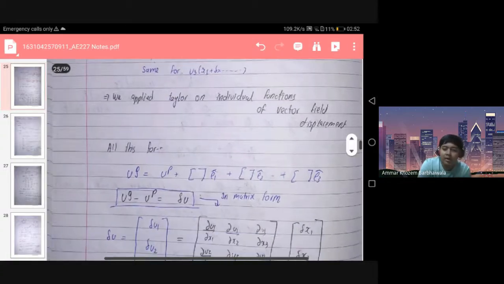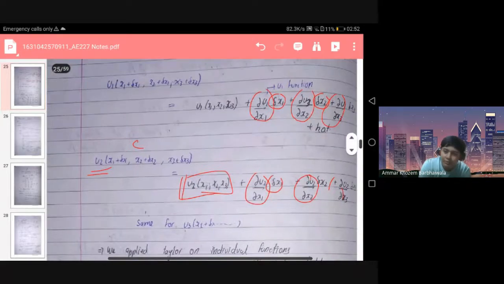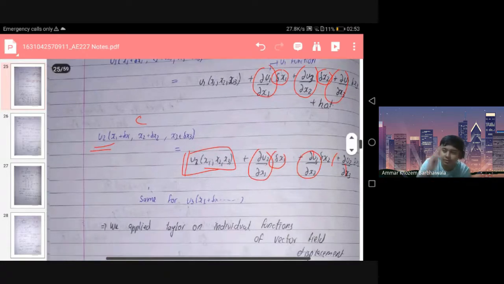So I basically found u1, u2, and u3 at q in terms of p, where u of x1, x2, and x3 is the u value at p, right?